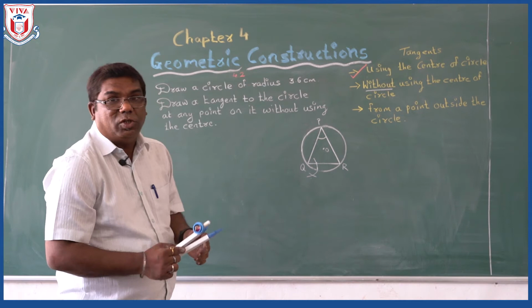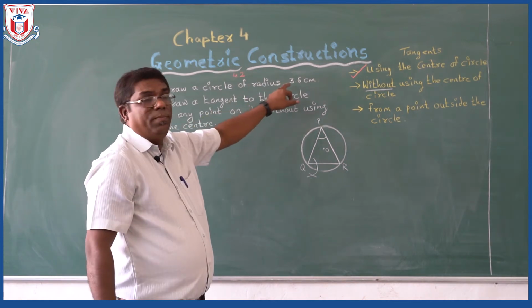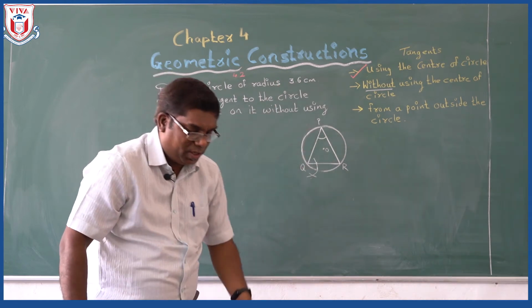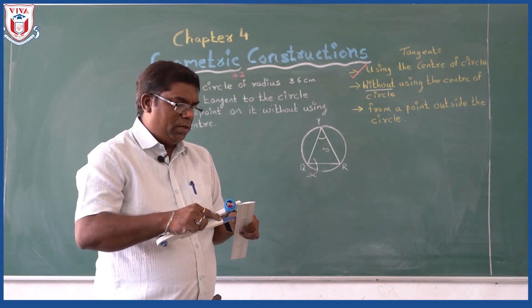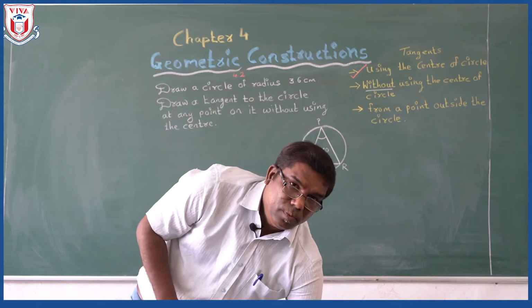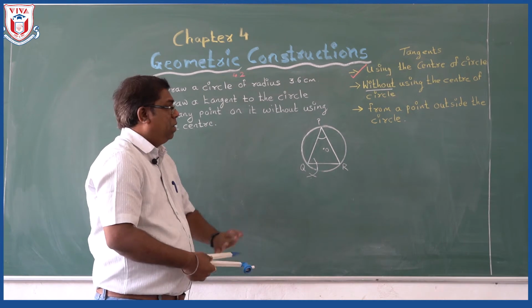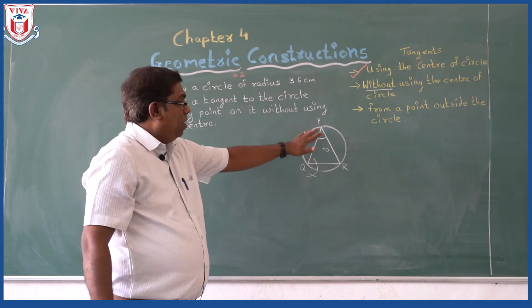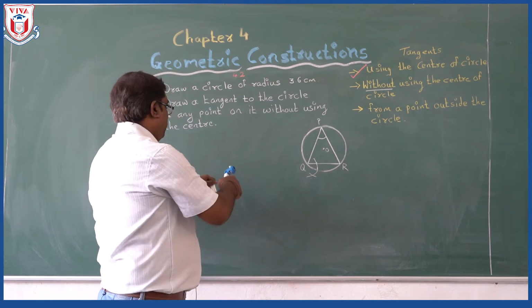But first of all, we will go with the 3.6. As it is told, take a measurement of 3.6 and draw it out. Always remember to draw a rough figure first, then go with the tangent line.